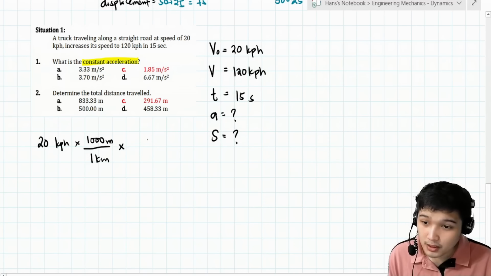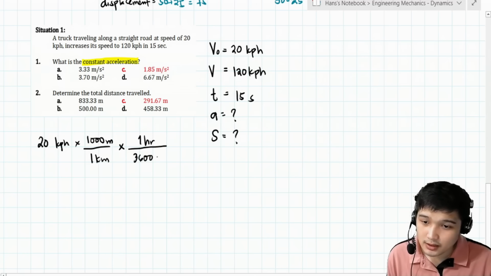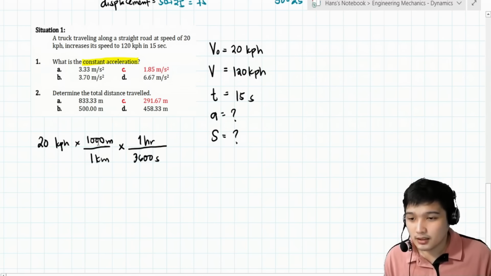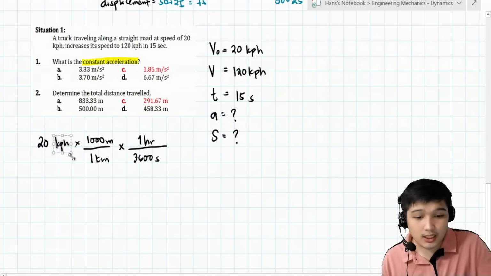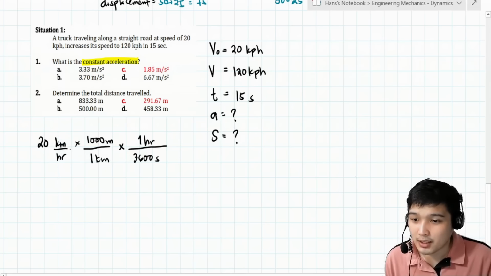And then, multiplied by per hour, so dapat nandito yung hour sa taas. So, 1 hour, 3,600 seconds. So, palitan nga natin ito para clear. Kilometers per hour. Okay? So, para mag-cancel ang kilometers, magka-cancel ang hours.